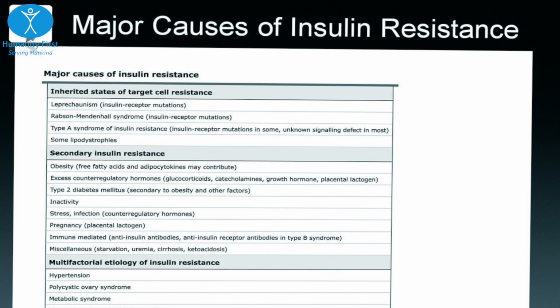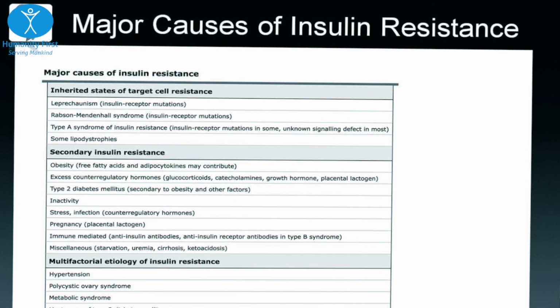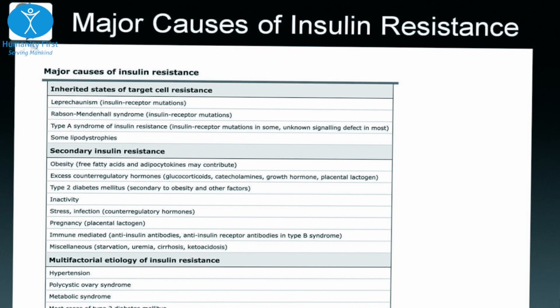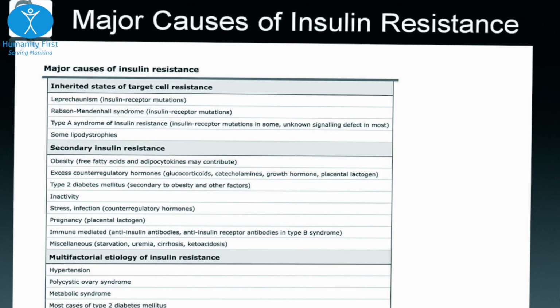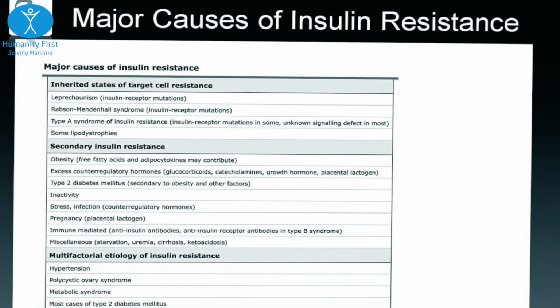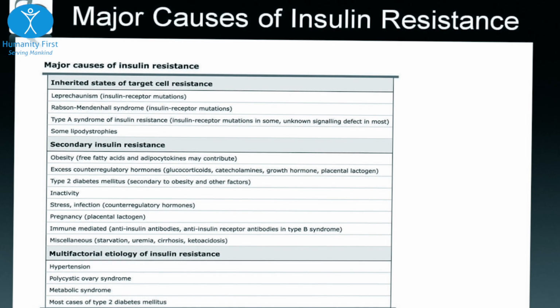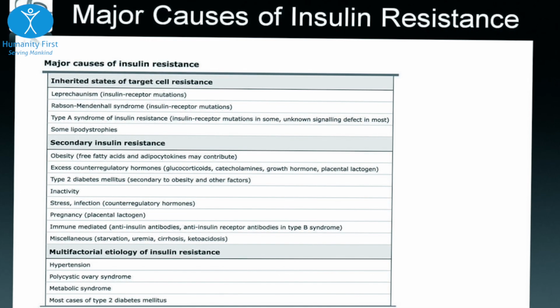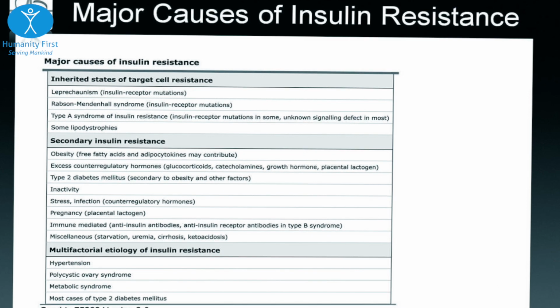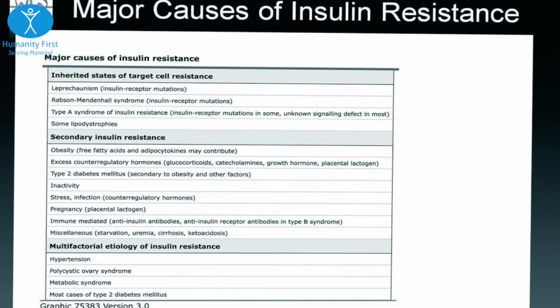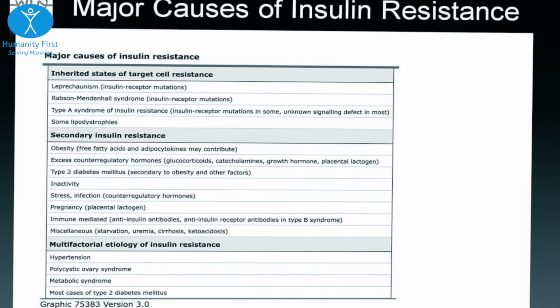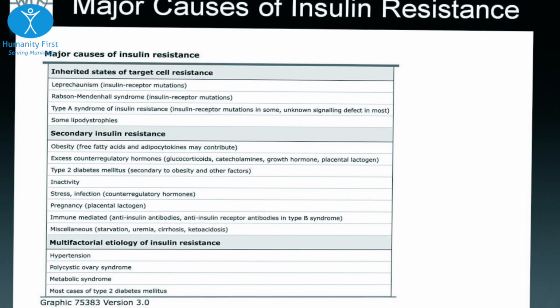The major causes of insulin resistance are listed here, and by far the more common causes are in the third part, which is known as multifactorial etiology of insulin resistance, and that includes hypertension and metabolic syndrome. In fact, metabolic syndrome is nowadays called insulin resistance.